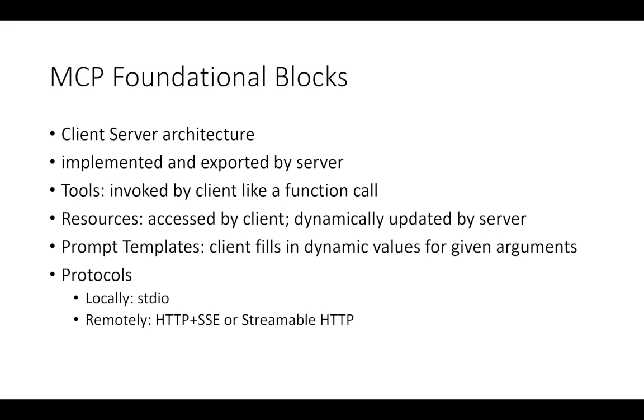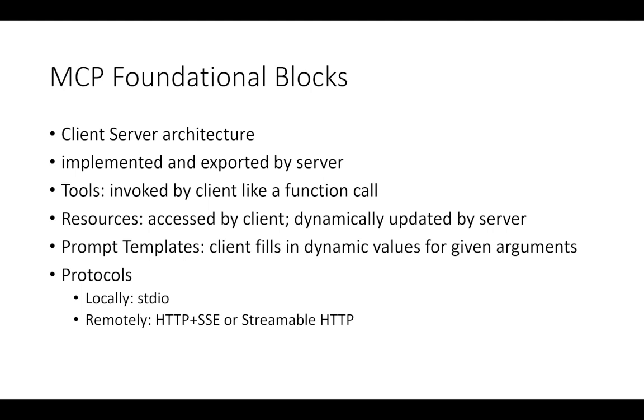So some foundational blocks of MCP. It's a client server architecture. It's implemented and exported by the server. It has three different components. First is the tools. So it's invoked by the client like a function call. Then it has resources. They are accessed by the client, and whatever is accessed by the client is dynamically updated by the server.